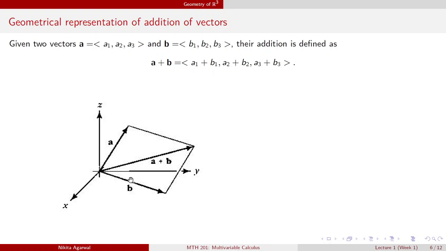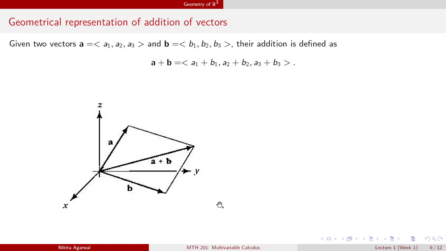Let us repeat again. You look at any two vectors, you complete the parallelogram, and this diagonal, which starts at the origin, which is also the starting point of the vectors a and b, is nothing but the vector a plus b. We will look at a proof of this.